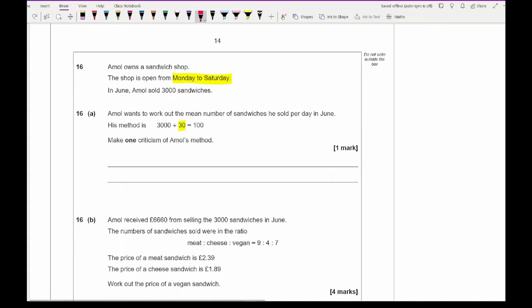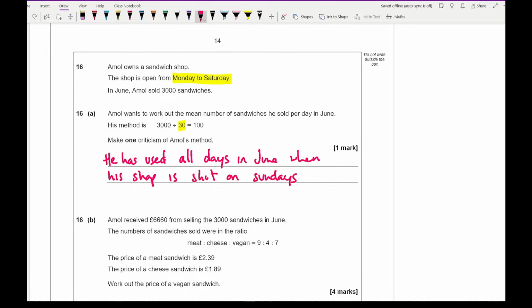So basically it should be something along the lines of that he has used all days in June when his shop is shut on Sundays, or that it should be divided by 26, not 30, because it excludes Sundays. So something along those lines would be absolutely fine for that one single mark.